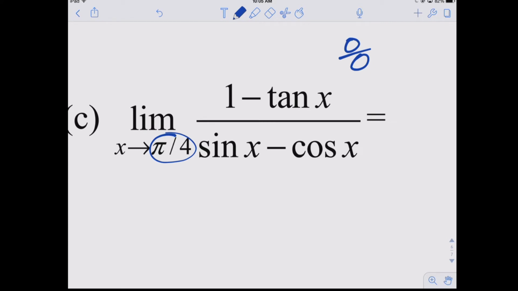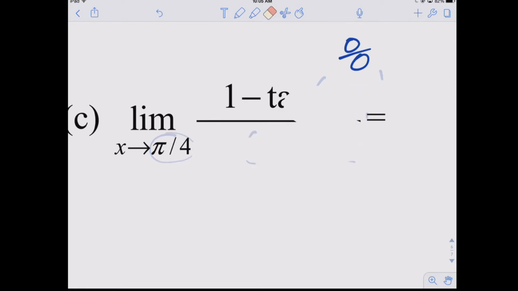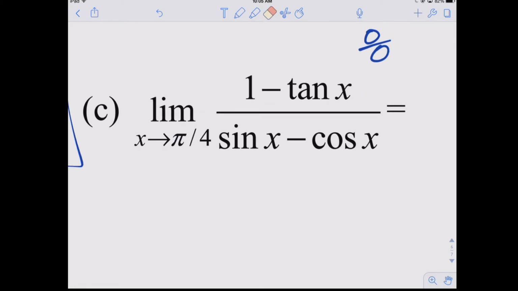What are we approaching? Pi fourths. Now we know that we could be approaching pi fourths and still use those as long as we did what to our graphs? Shift them over. So if that were like tangent of x minus pi fourths and same thing here and same thing here, then we might be able to use it. But they're just x's, so they haven't been shifted at all, so that's not going to help us. So we need some other way to do it.